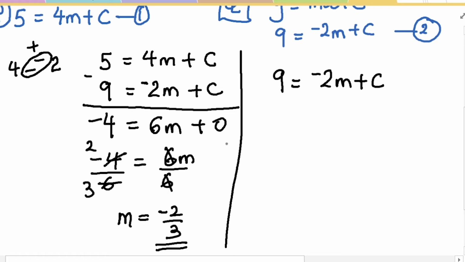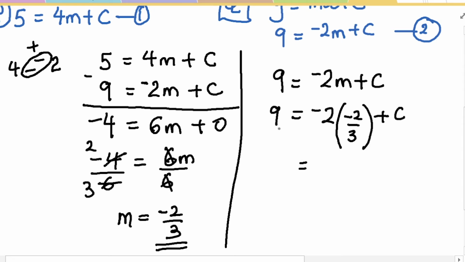I substitute the value of m to get the value of c. So it becomes 9 equals -2 times my value of m, which I got as -2/3, plus c. So we are trying to find the value of c. Negative 2 times negative 2 over 3 is positive 4 over 3, plus c.